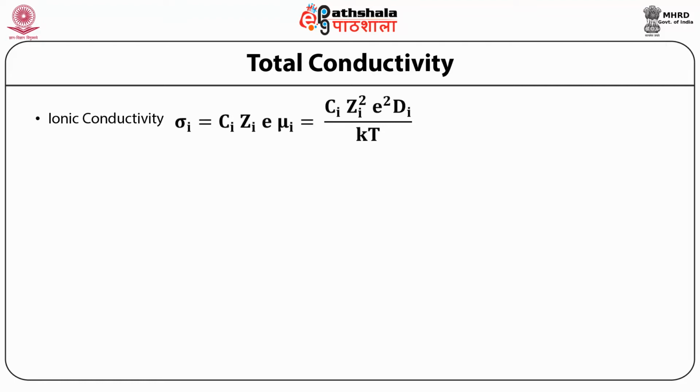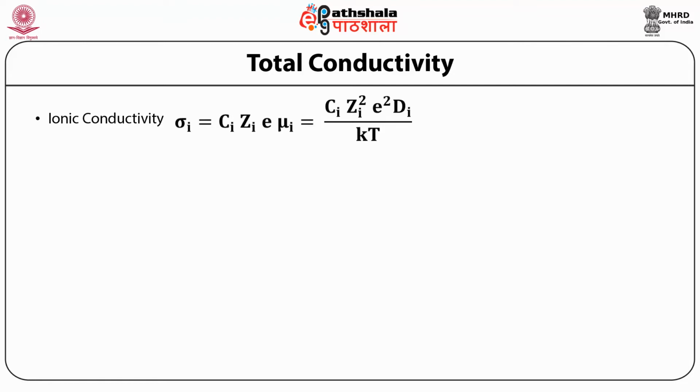The electrical conductivity sigma i is given as Q/t divided by A, so the expression comes out to be Ci Zi e vi upon E. So sigma i is equal to Ci Zi e mu i, where Ji is the flux of the ith species. For ionic species, we can apply the Nernst-Einstein equation such that sigma i becomes Ci Zi squared e squared Di by kT.